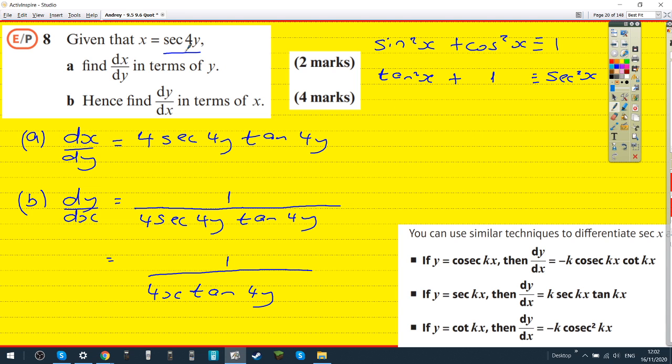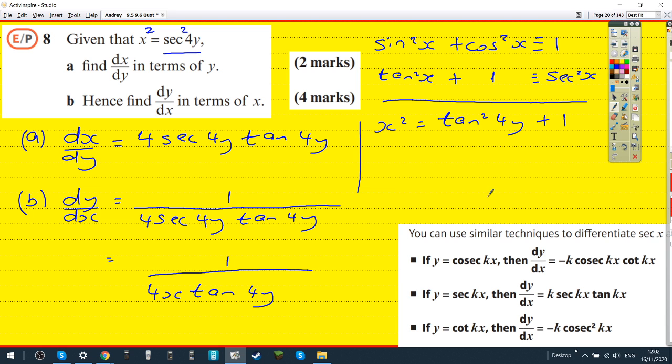And so what is sec squared 4y the same as? x squared. Okay. What is x squared the same as in terms of tan? It is going to be tan squared 4y plus 1.